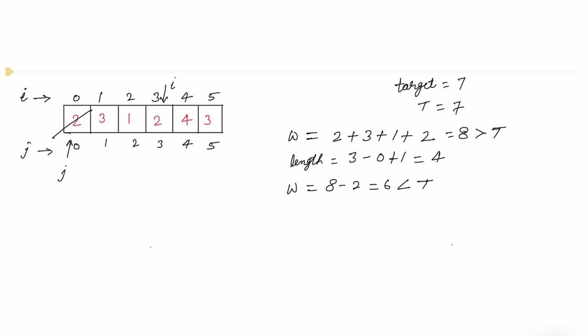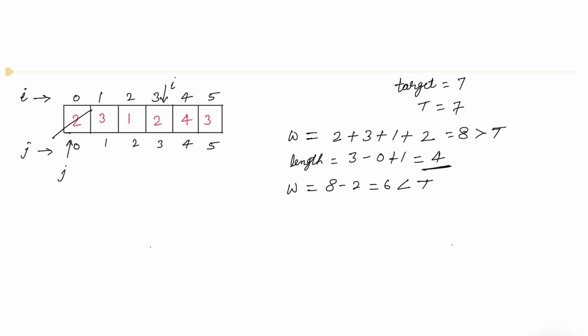That means, okay, the length is 4 here. We have to find the minimum length. So I will check till the last index if there is any subarray whose length is possibly less than 4 or not. So now I have removed 2.